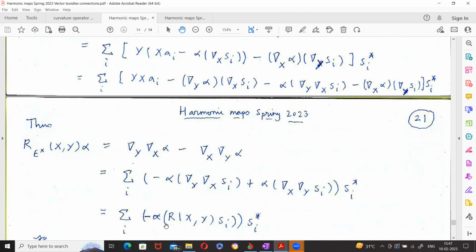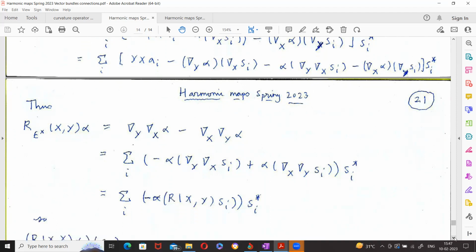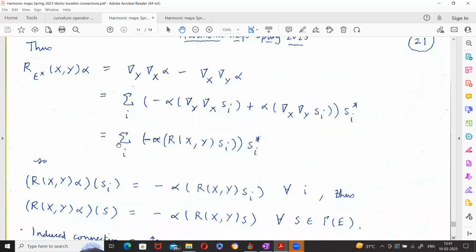So that becomes minus alpha of R_xy s_i, right? The curvature of the bundle E applied to s_i. Is that clear? So I get that R_xy alpha is the sum over i of minus alpha of R_xy s_i, times s_i star.